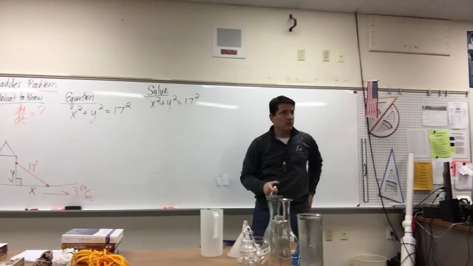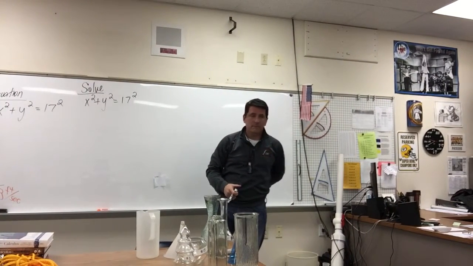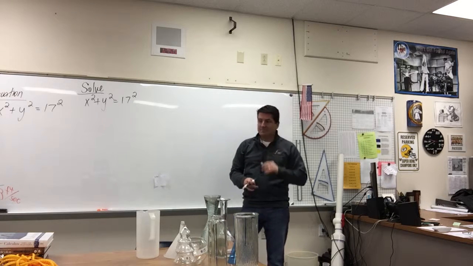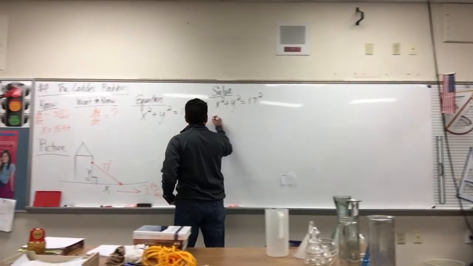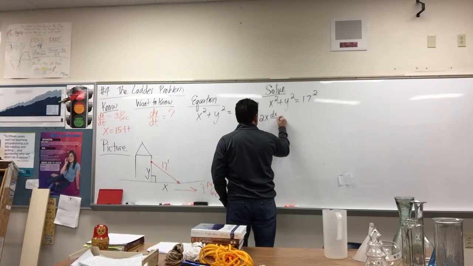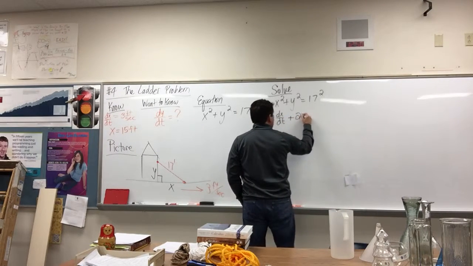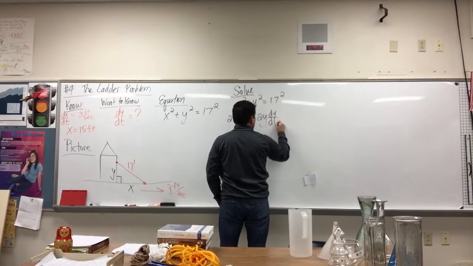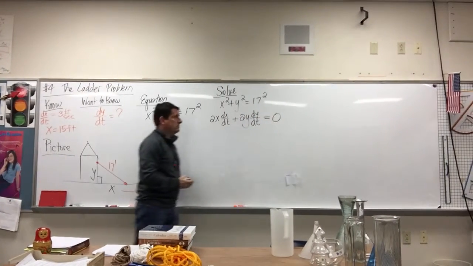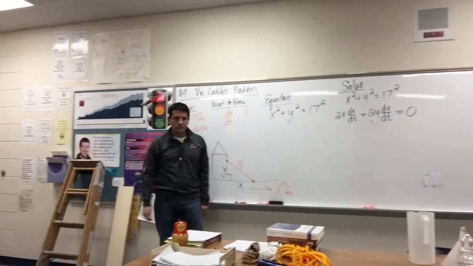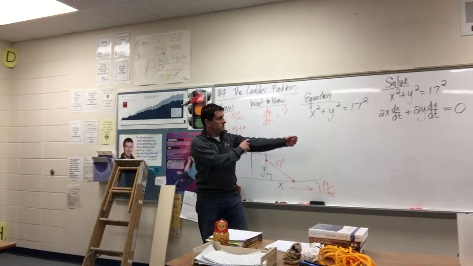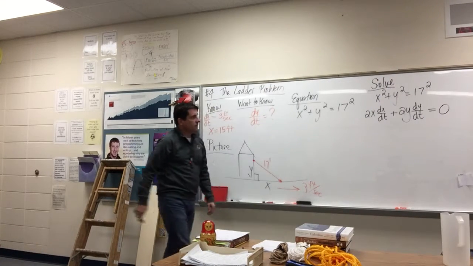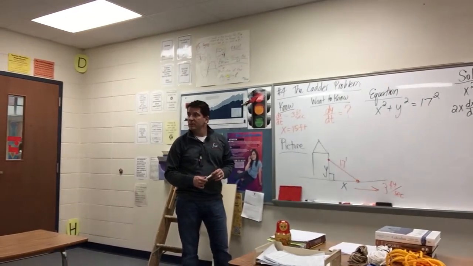Okay, go do that. I got 2x dx/dt plus 2y dy/dt equals 0.